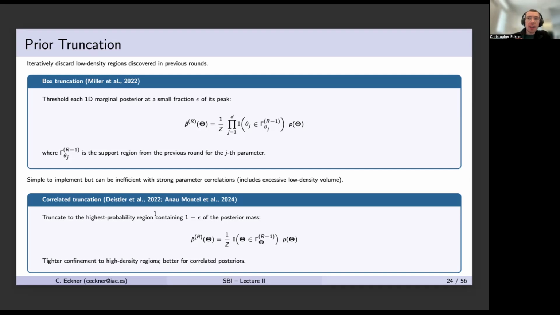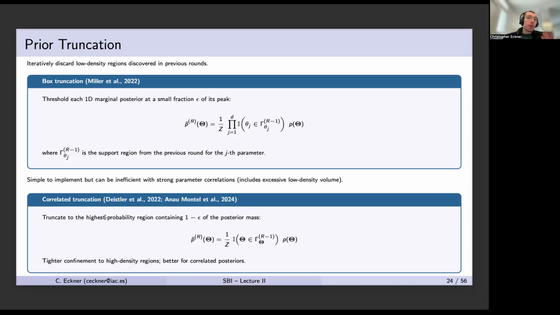If it is not exactly Gaussian, then you can go to something like a highest probability region. So you can read out what the probability in this posterior is, cumulatively integrate this posterior, see where most of the mass of the integral comes from, and cut away all the outer regions that are not contributing much to the integral.